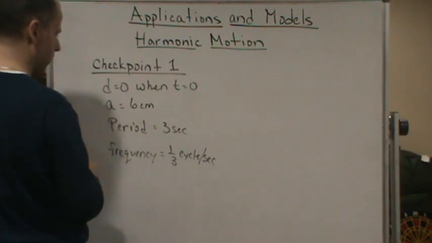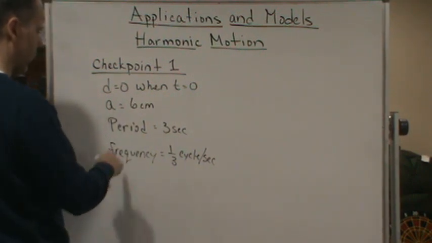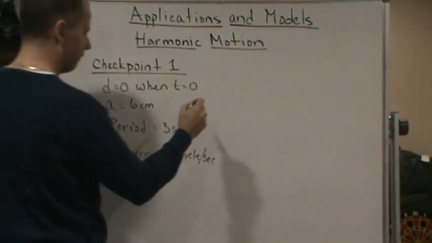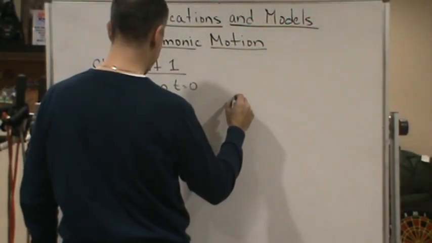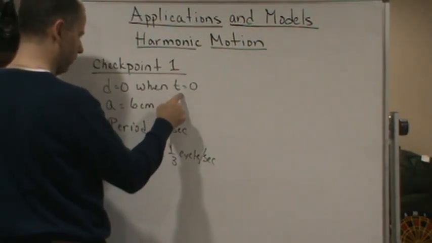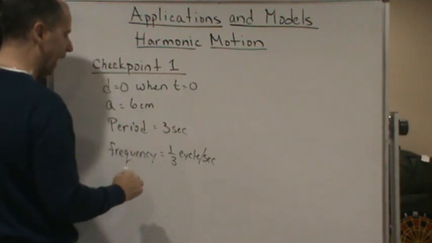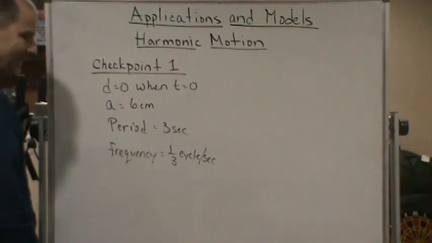So we've got amplitude is 6 centimeters, so we know A is 6. Now we've got to write the function. We're going to use sine before. Since d is 0 when t is 0, again, we're going to assume we're pulling the spring down.